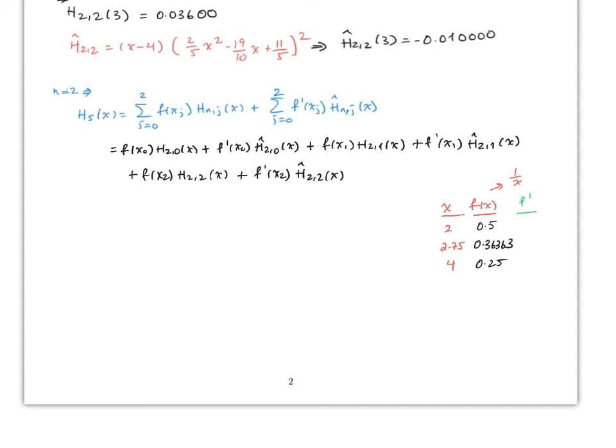But now we need to have the derivative also, which is easier to find for this case. Remember the derivative is minus 1 over x squared. So the values will be minus 0.25, minus 0.13223, and minus 0.0625.